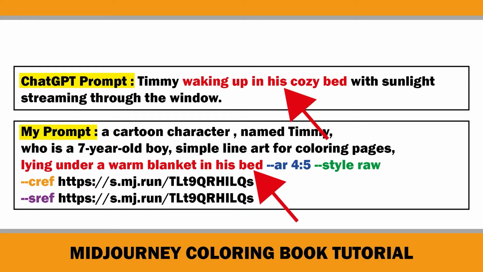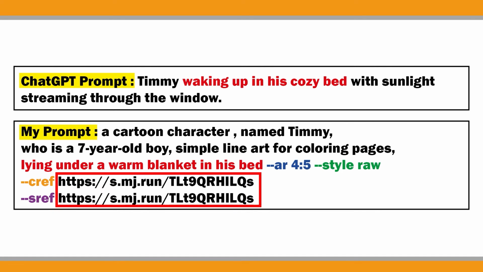That's why I took the idea from ChatGPT's prompts, included my original prompts, and added the aspect ratio, style raw, cref, and sref parameters. The image URLs that I used here for both the cref and sref parameters are the same, and they correspond to the URL of the first image that I upscaled a couple of minutes ago.